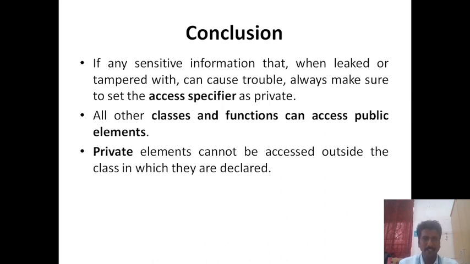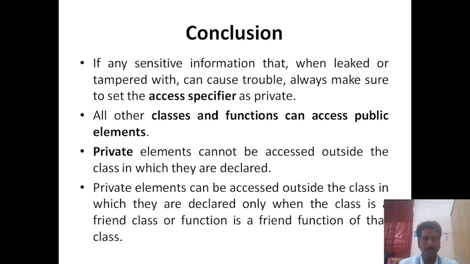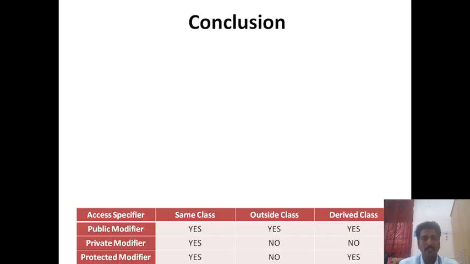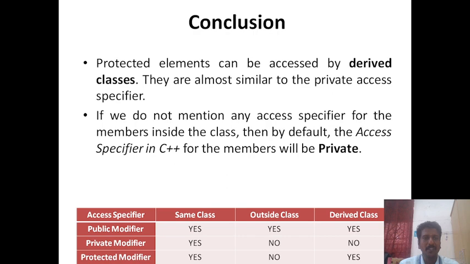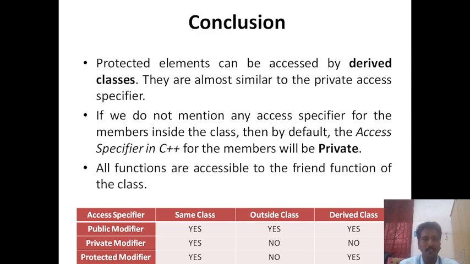Private elements cannot be accessed outside the class in which they are declared, unless the accessing function is a friend function or friend class of the class. Protected elements can be accessed by derived classes. They are almost similar to the private access specifier. If you do not mention any access specifier for a member inside the class, then by default the access specifier in C++ for the members will be private.